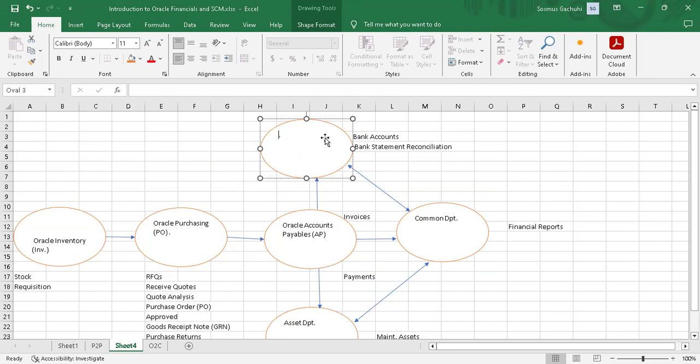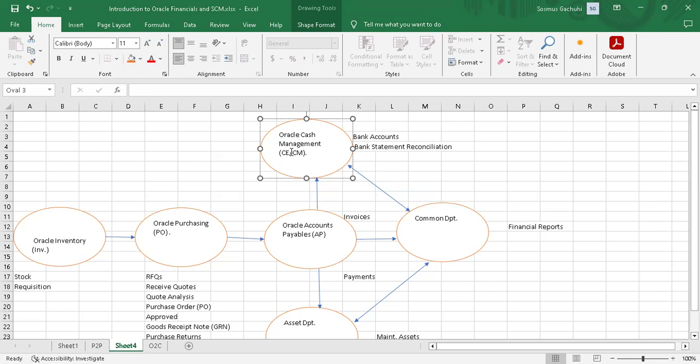Then we have the cash management or cash department, whereby we have an application by the name Oracle Cash Management. We abbreviate it as CE or even CM, but in most cases it's good to use CE, because the table in the database for cash management is abbreviated with CE, since we also have contract management.